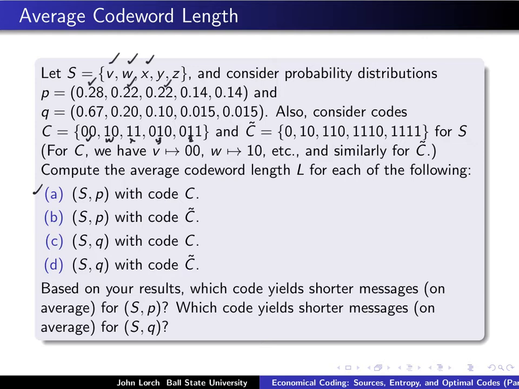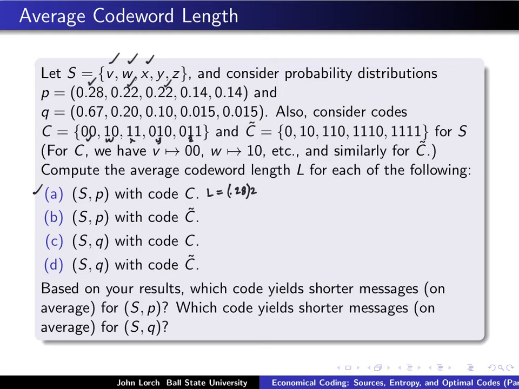Okay, so let's go ahead and compute average code word length now. The probability of the first letter in our alphabet occurring in a given location is 0.28, and the length of its corresponding code word is 2.